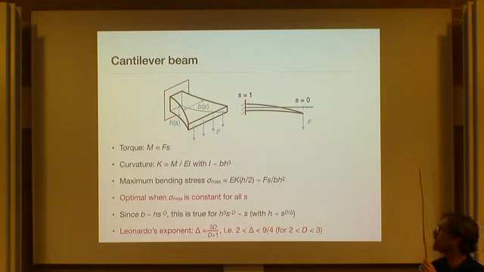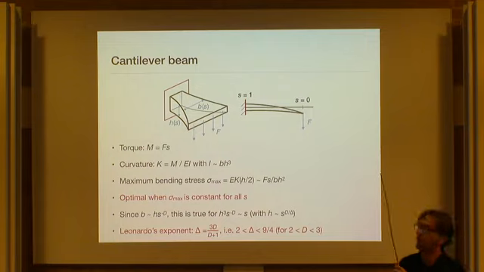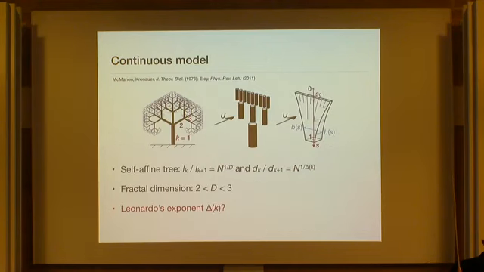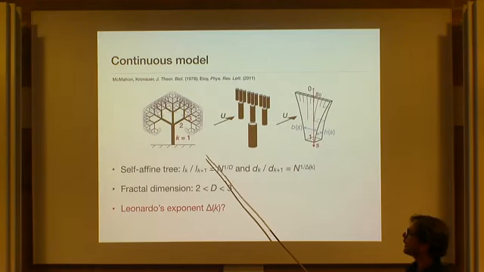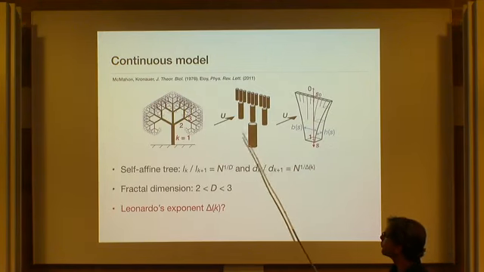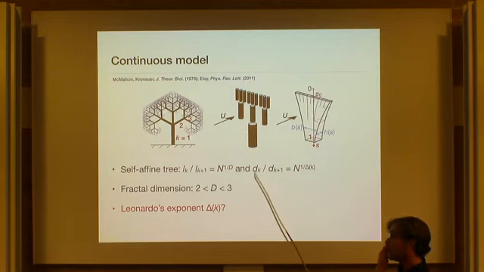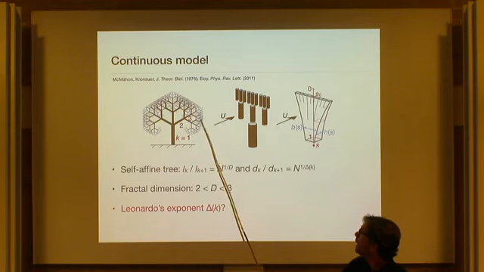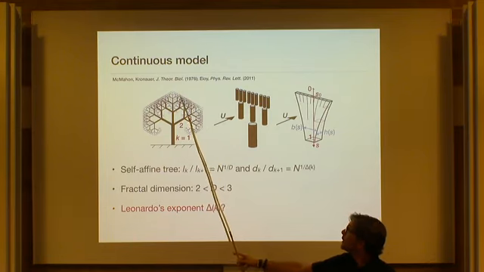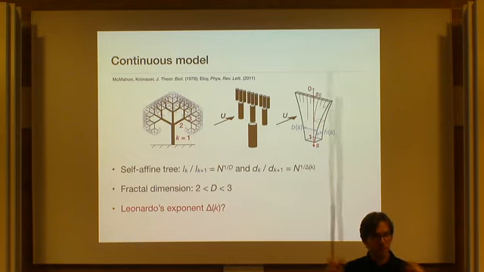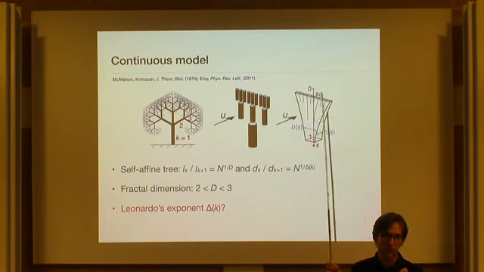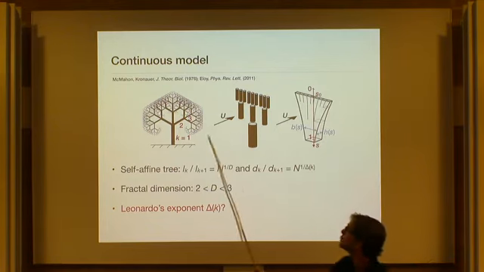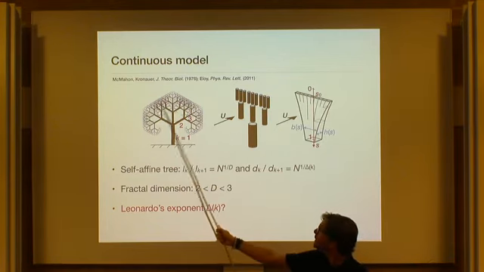Good question. Probably. What is interesting is that when you look at a tree like this, with a fractal dimension between 2 and 3, and an exponent between 2 and 3 or so, the diameters of the final branches are such that the cross-sectional area is dominated by the very small branches. When you look at this tree, the force is mainly at the extremity.